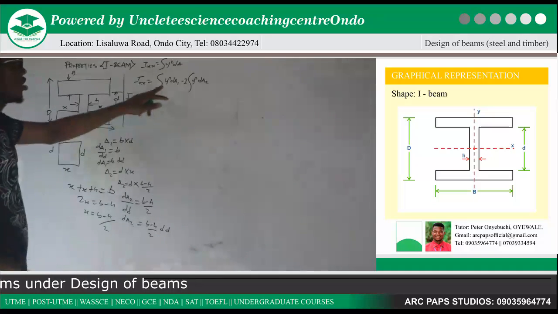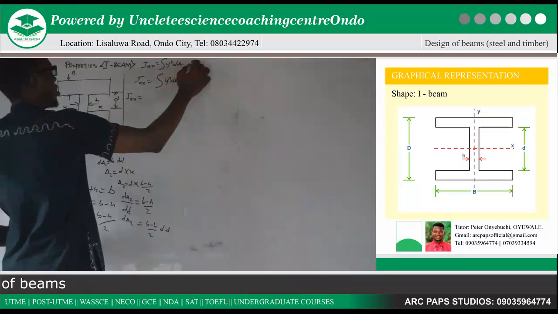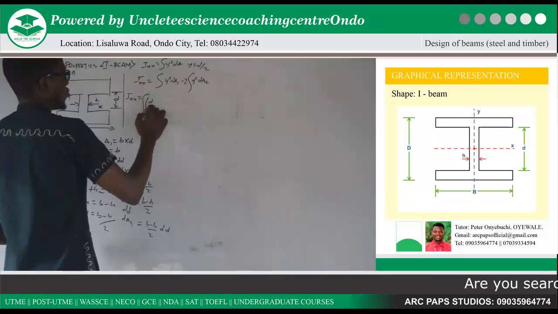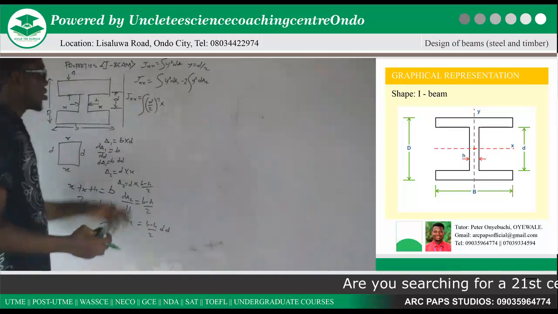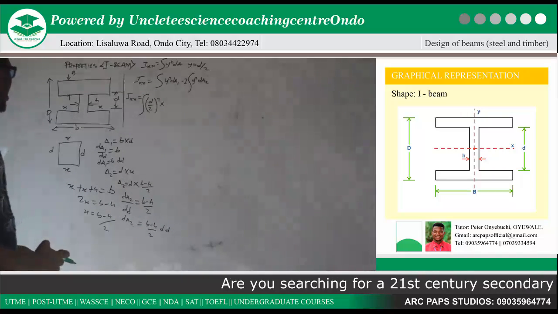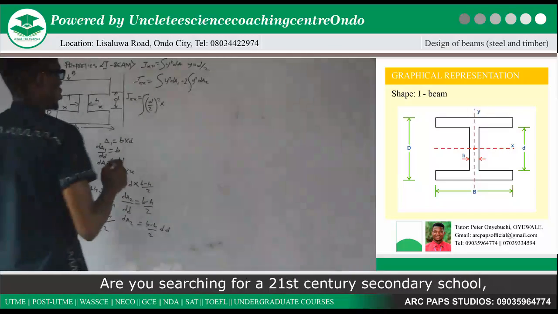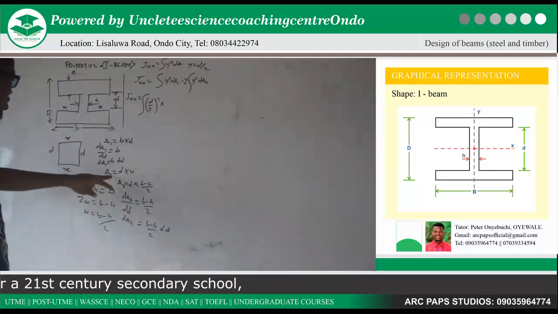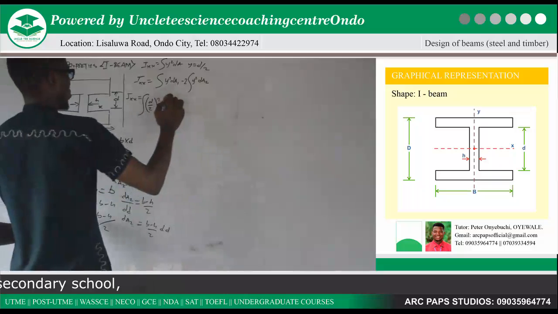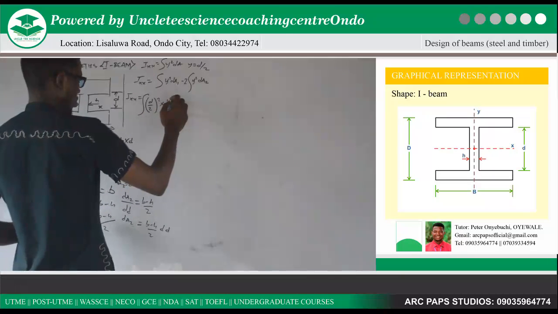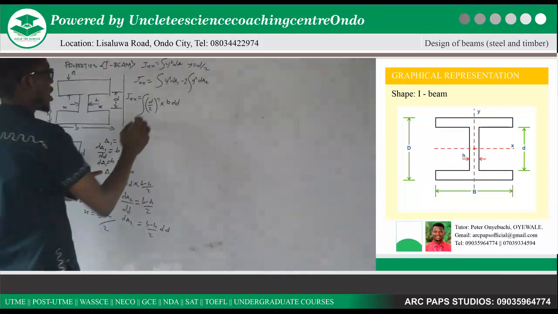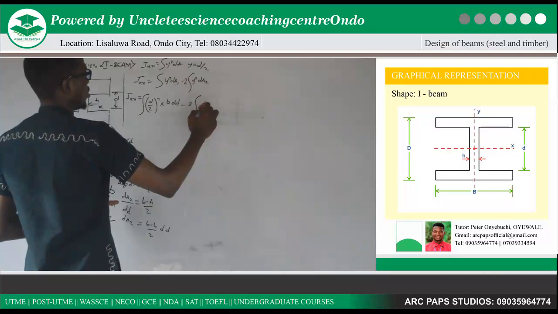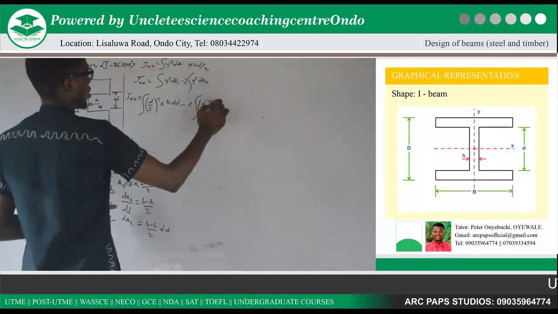Now our Ixx will give us integral, let's not forget our y is d over 2, integral d over 2 raised to power of 2 dA1. Our dA1 is b dD. So this b dD minus 2 integral d over 2 raised to power of 2.